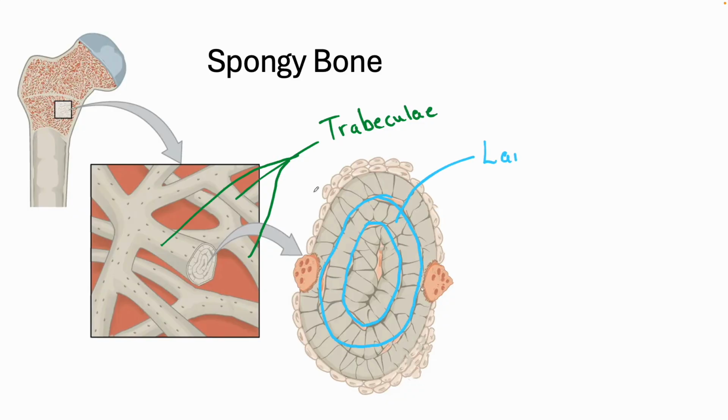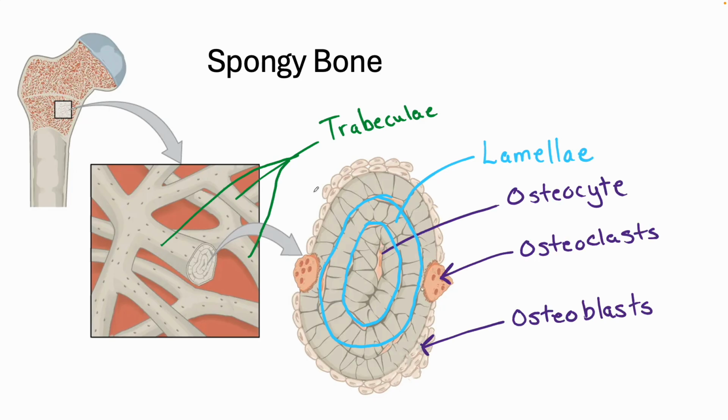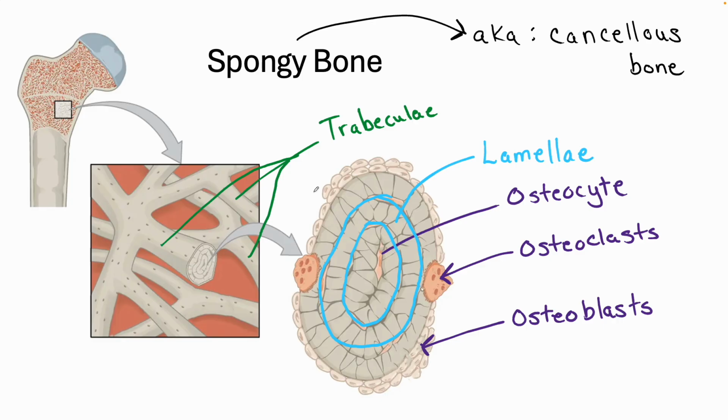You still have these lamellae that surround the bone with osteocytes present. You also have osteoclasts and osteoblasts that are going to be constantly rebuilding this bone and building it along its different stress points. Spongy bone, you may also hear referred to as cancellous bone.